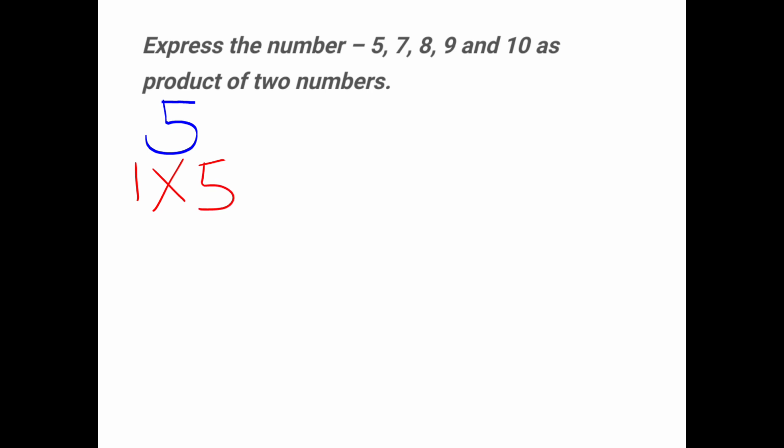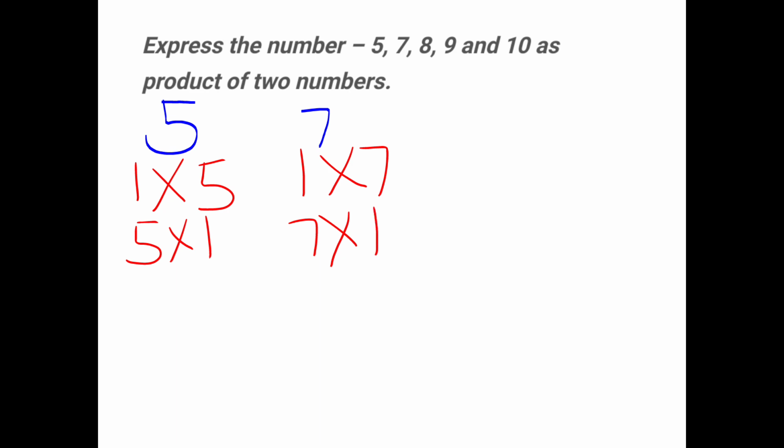And I can also say 5 multiplied by 1 is the same thing. Do you agree? Very good. That is for 5. How about 7? 1 multiplied by 7. Good. And I can also say 7 multiplied by 1. Right? Any other number? No.